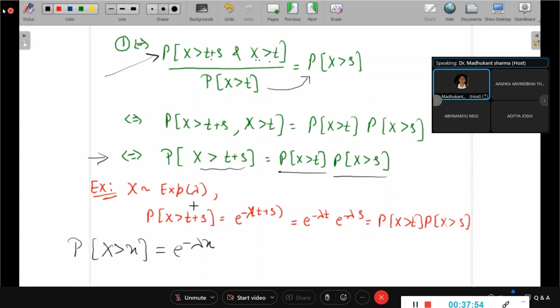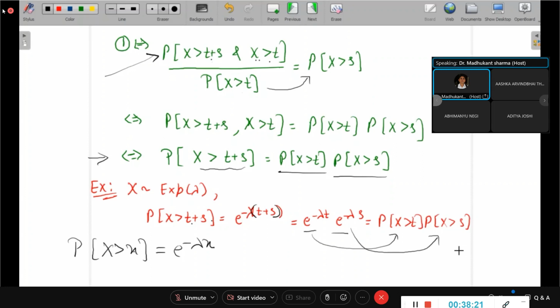If you replace x by t plus s, you get e to the power minus lambda times t plus s, and now you use the exponential property, and they become individually the probability of x greater than t times the probability that x is greater than s. So it satisfies the memoryless property.